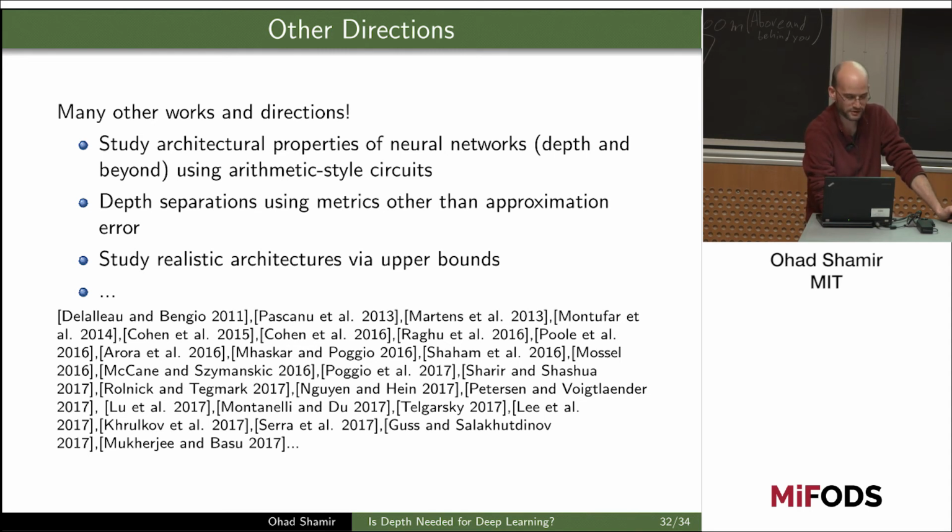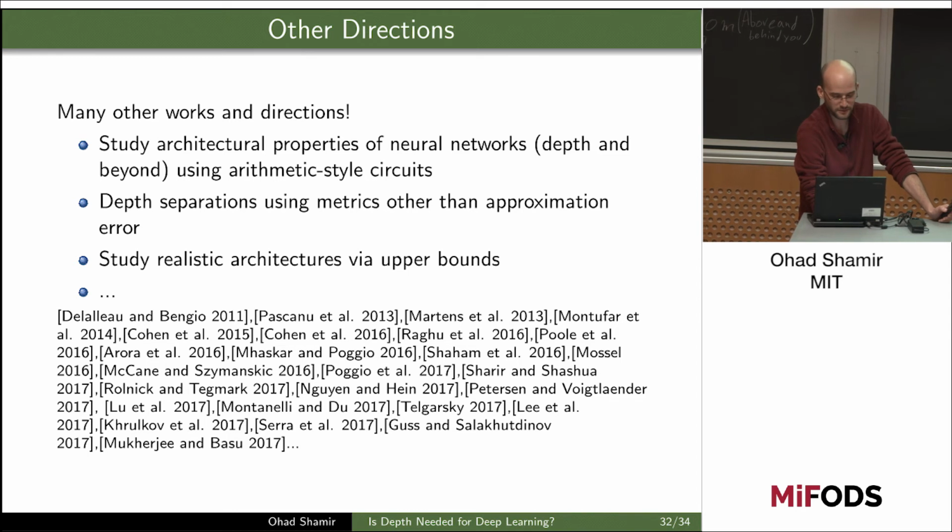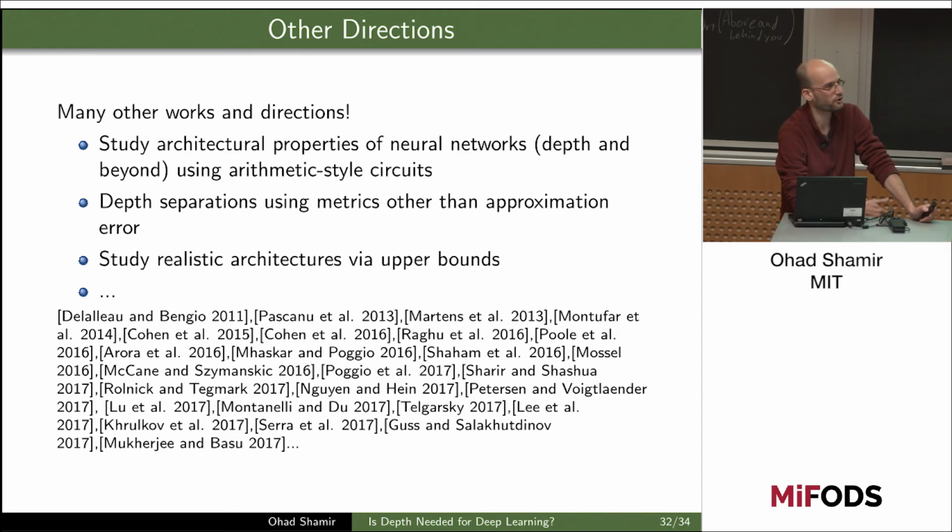There are also a lot of works where they do depth separations, but you don't look directly at the approximation error, but at other things. So it can be the number of linear segments that you can compute, or how much distortion is in the mapping from the input to the output, or Betti numbers of manifolds, and all kinds of other things.